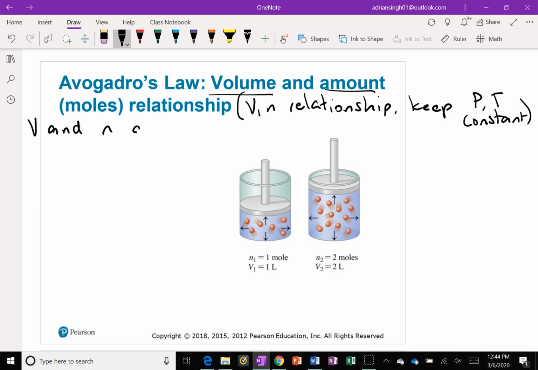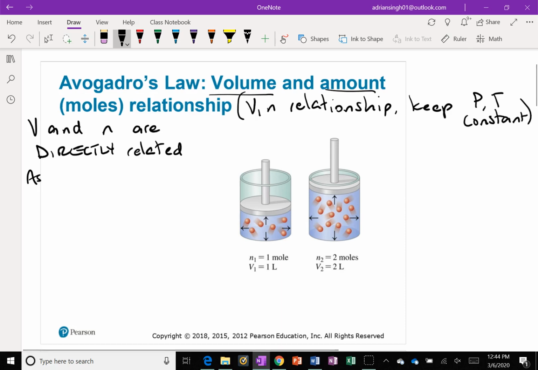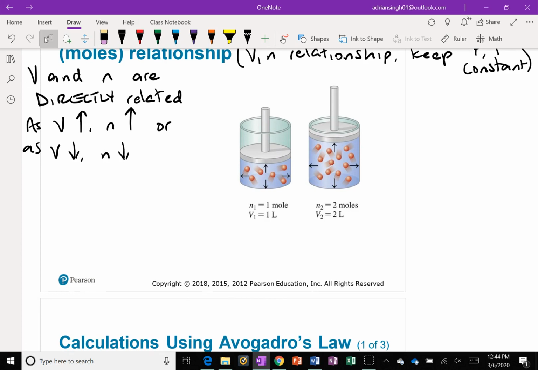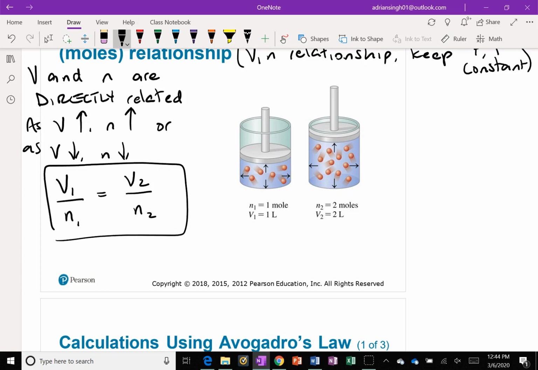So V and N are directly related, which again means as V goes up, N goes up, or as V goes down, N goes down. Just like with the other direct relationships, we can express this mathematically. It's my initial volume divided by my initial amount is equal to my final volume divided by my final amount.